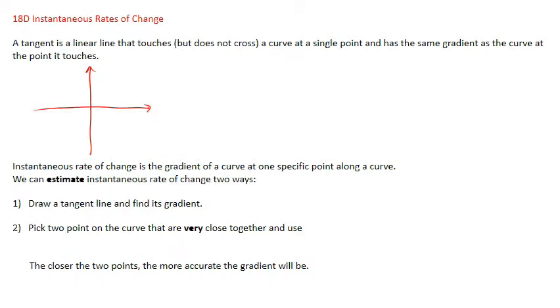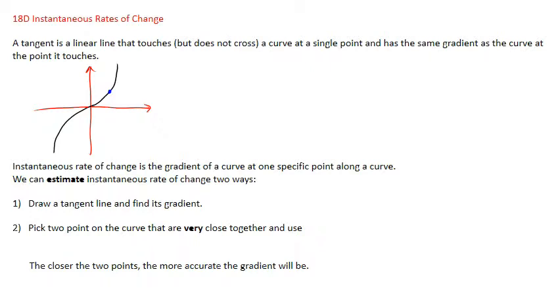So say, for example, we've got our basic cubic function. I want to draw a tangent line to this point here. A tangent is a linear line, so it's a straight line that touches that point but doesn't go through it, and it's got to have the same gradient as our cubic line at that point.